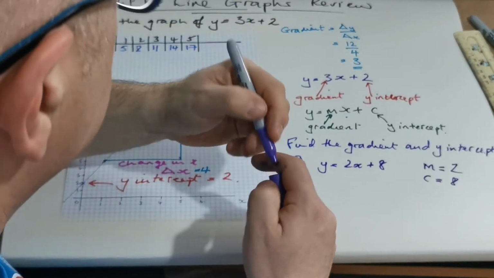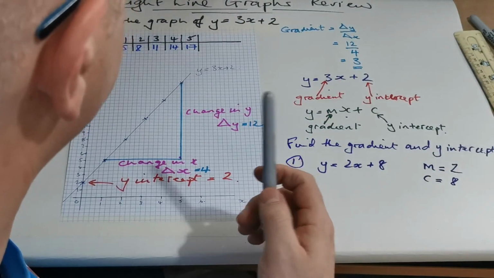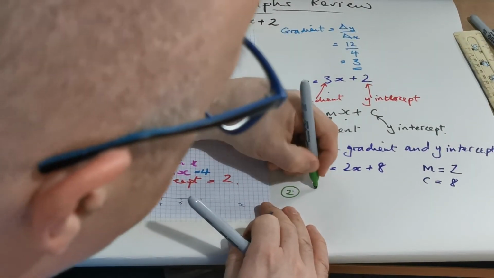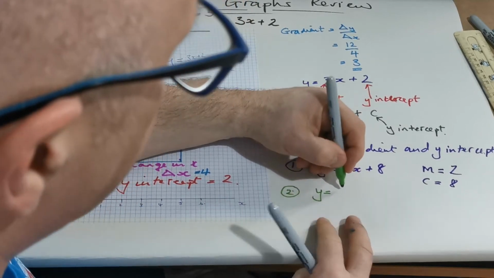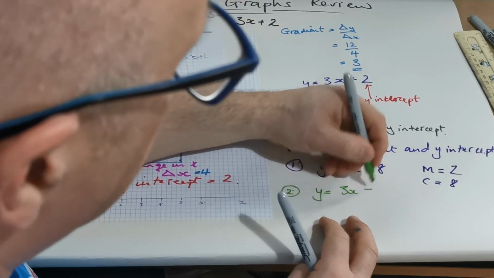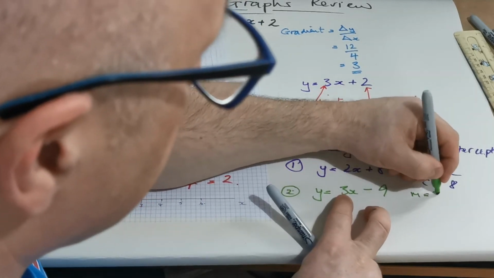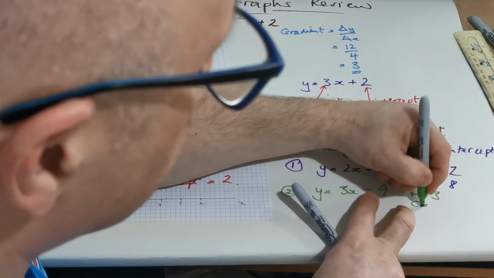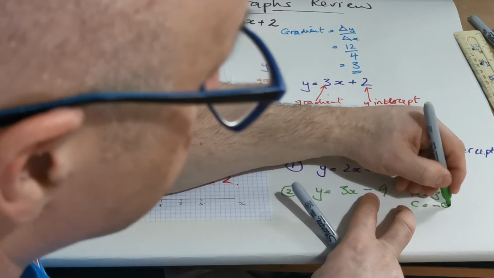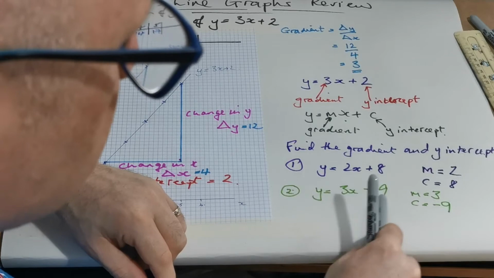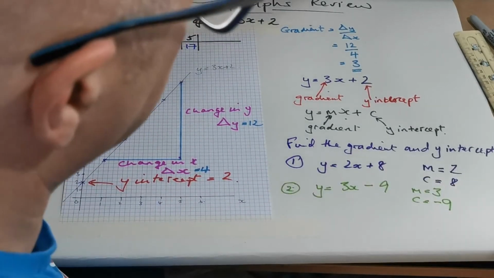Now we may have some questions where there could be some negatives kicking about. So I could say, what about this one? y equals 3x minus 9. You could say M, the gradient, is 3, and the intercept this time would be minus 9. So that's taking into account that it's minus 9 we've written there, and that's the different thing.